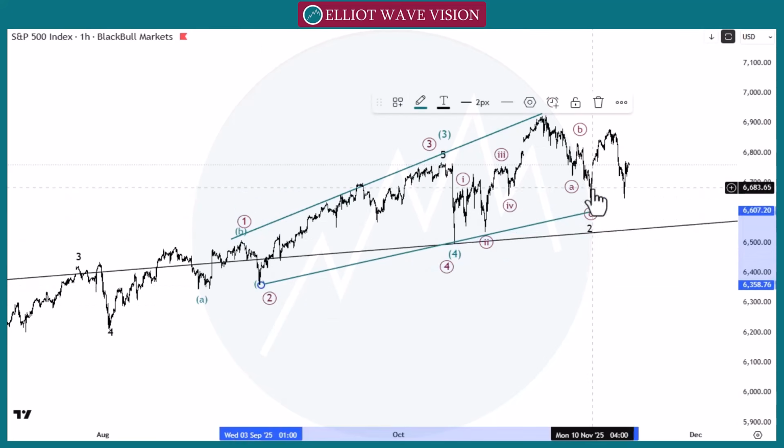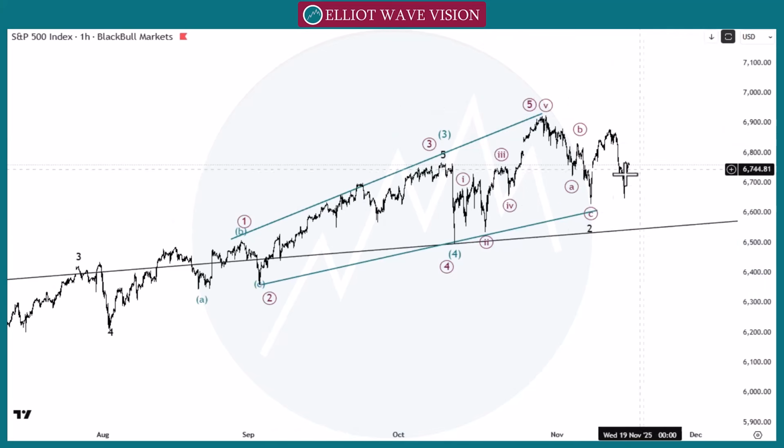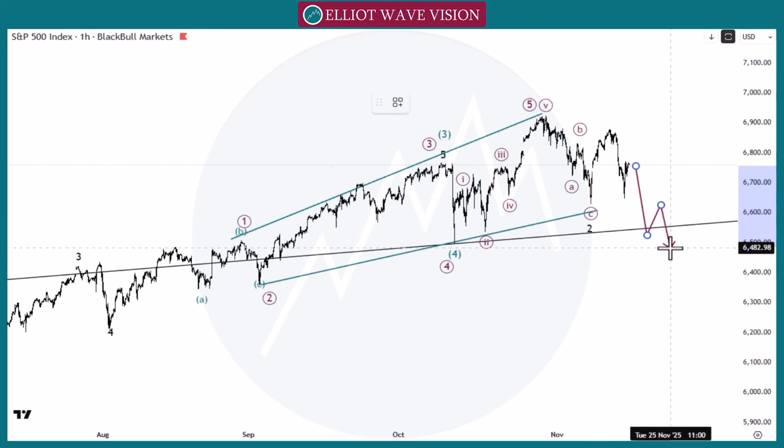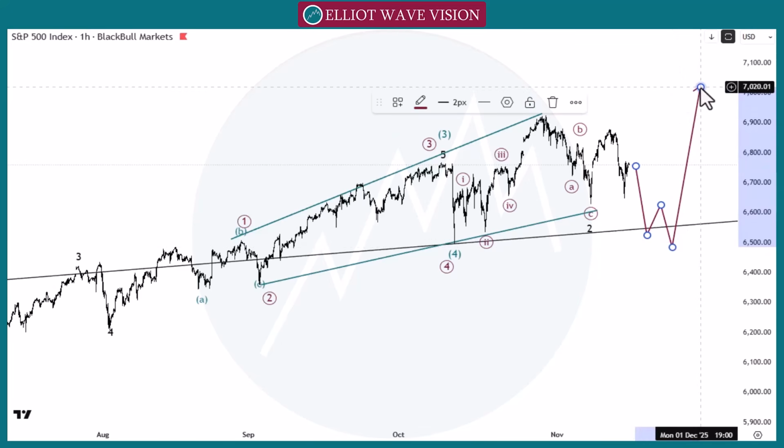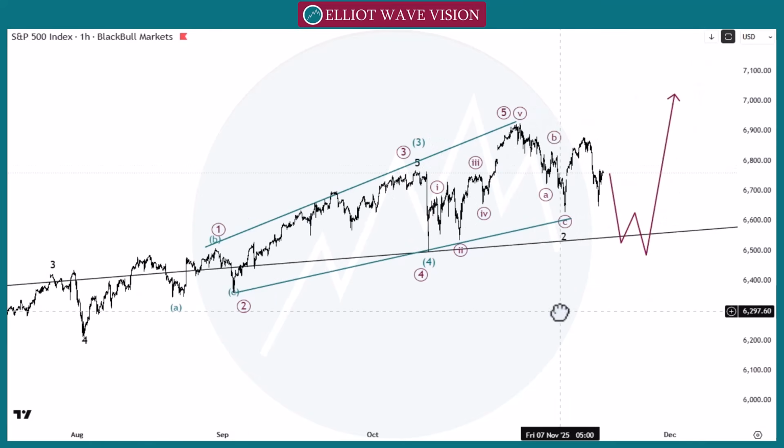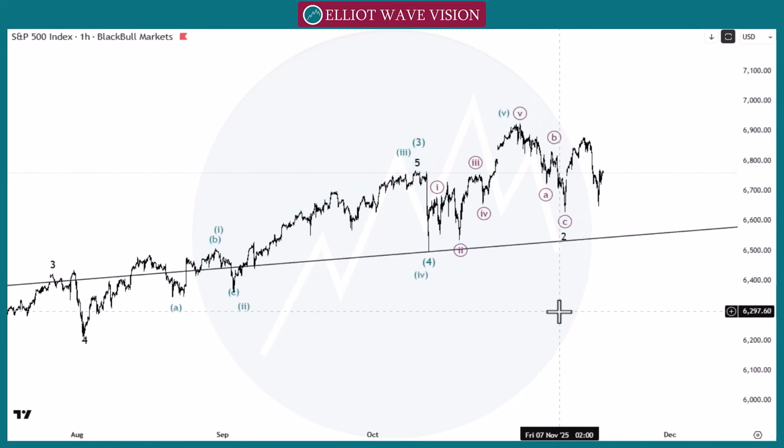And now this structure acts as a correction, wave A, wave B, and now that's possible here: wave 1, 2, 3, wave 4 and 5 towards 6500. Then the market goes towards the bullish side. That's also possible. But we are looking for the bullish side because the overall index is going towards the bullish side.